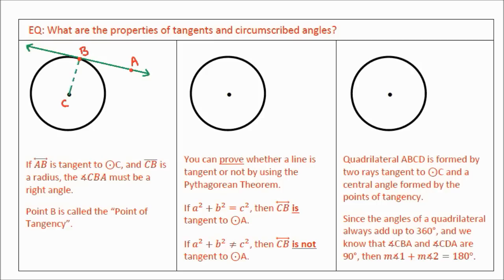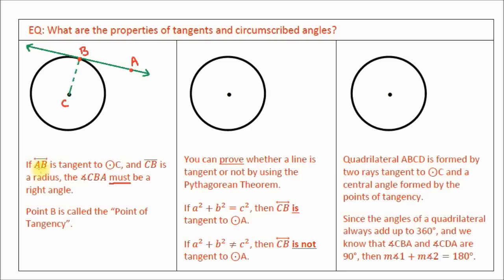Alright, so here is our text. If line AB is tangent to circle C and CB is a radius, the angle CBA must be a right angle. Let's underline it. This must be a right angle. Now I think we've covered this right angle property. You've seen it before, but you probably don't know that it always has to be that way.